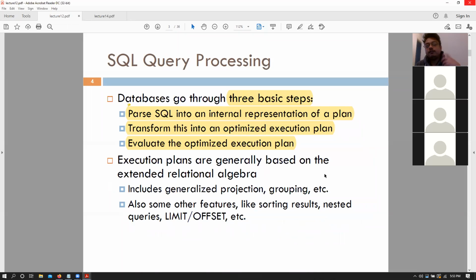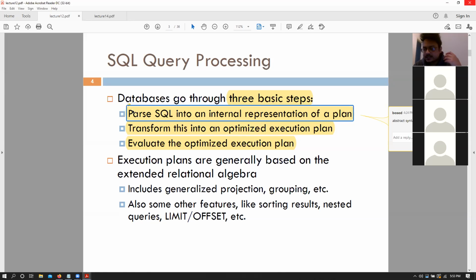Okay, so whenever we write a query, your database actually goes through three basic steps, right? Firstly, it parses the query into an internal representation of that particular plan. The term for that, I believe I wrote it here, is abstract syntax tree.